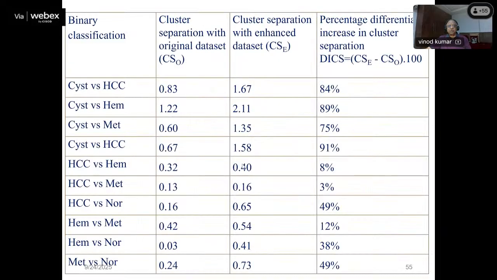exercise to see, if we do binary classification, how much differentiation is there between cyst and HCC. See, in case of binary classification, what we get in neural network output, the probability of cyst may be 0.8, probability of SCC may be 0.2.